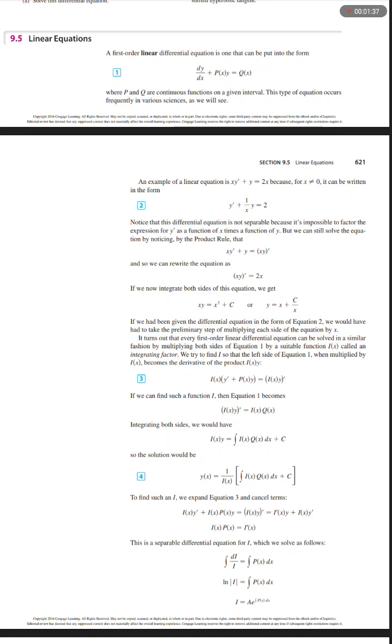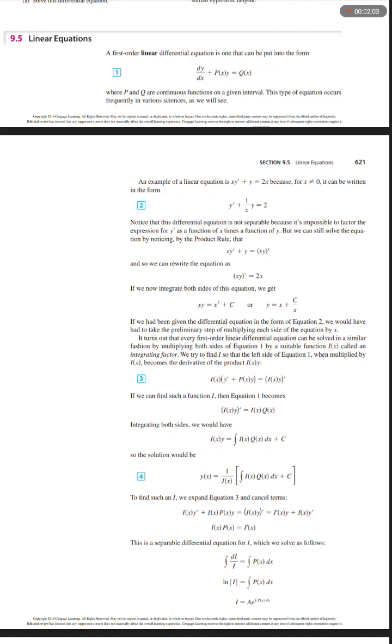It turns out that every first order linear differential equation can be solved in a similar fashion by multiplying both sides of equation 1 by a suitable function I(x), called an integrating factor. We try to find I so that the left side of equation 1, when multiplied by I(x), becomes the derivative of the product I(x) times y.